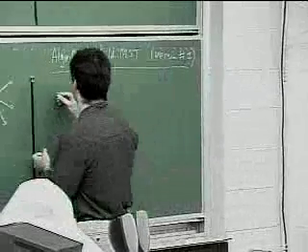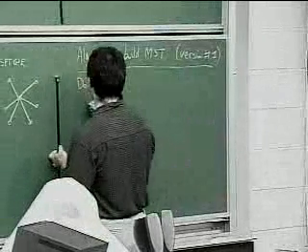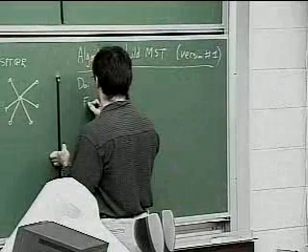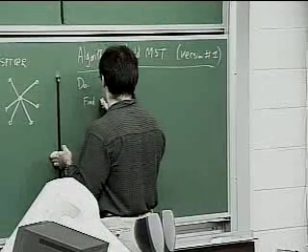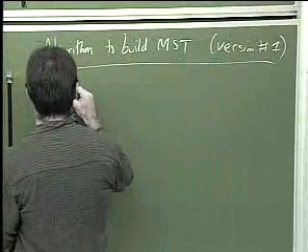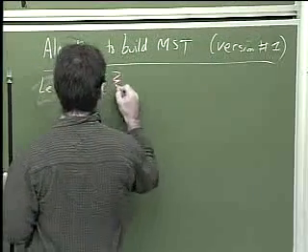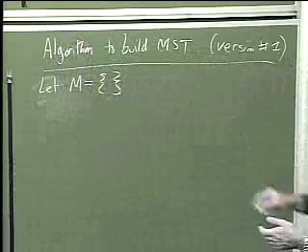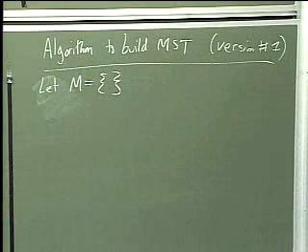Let me be a little bit formal. Why not? So we're going to build this graph. M is going to be a set of edges. It's going to start off as the empty set.